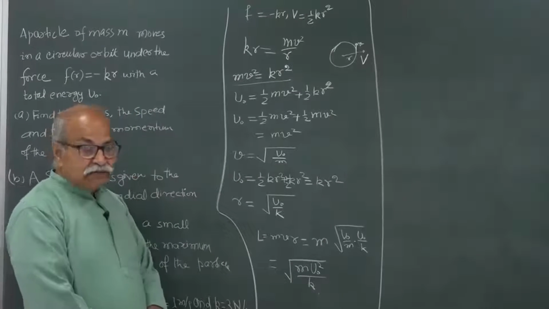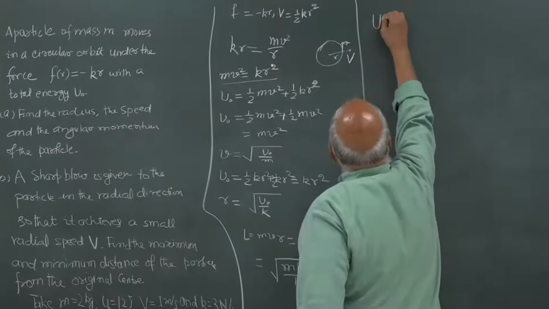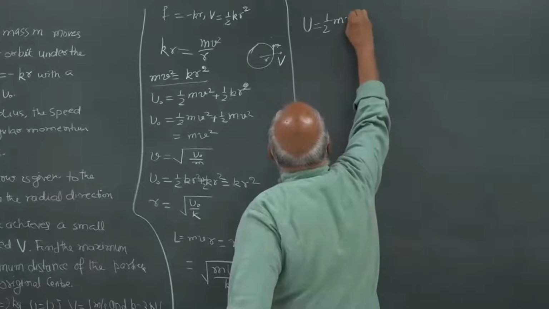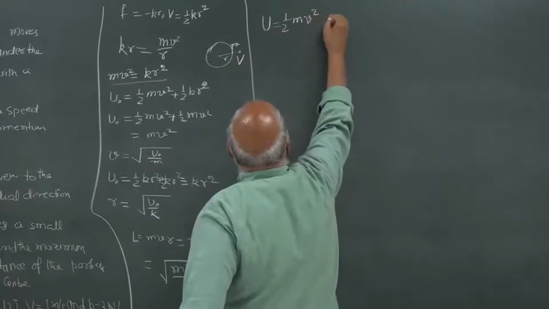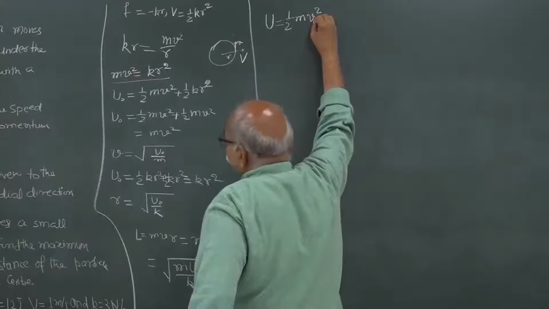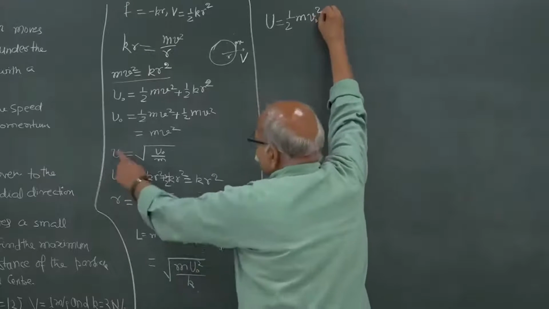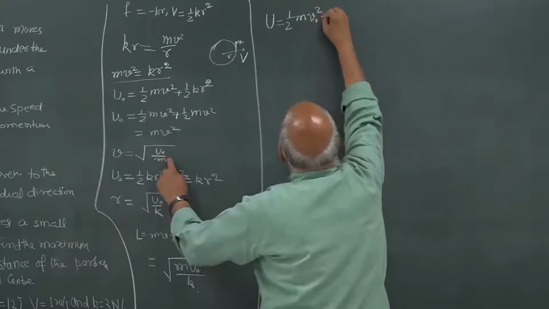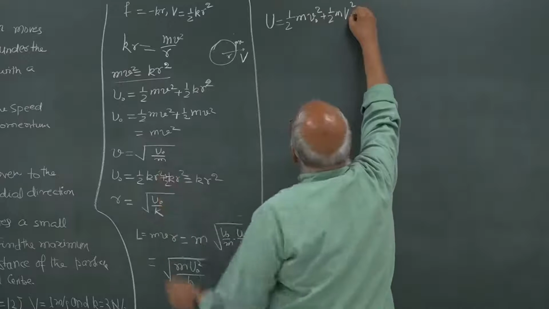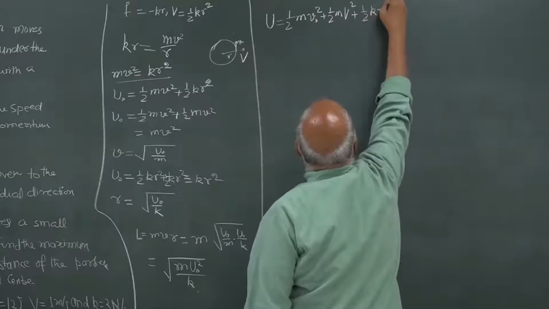We write the initial total energy is equal to half m v naught square, this v, let me call it v naught square, plus half m capital V square, and then the potential energy half K r square.